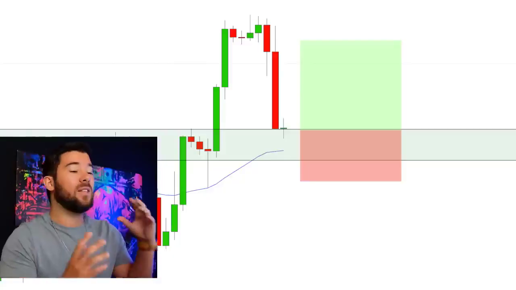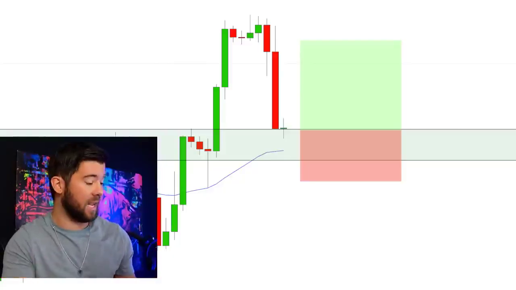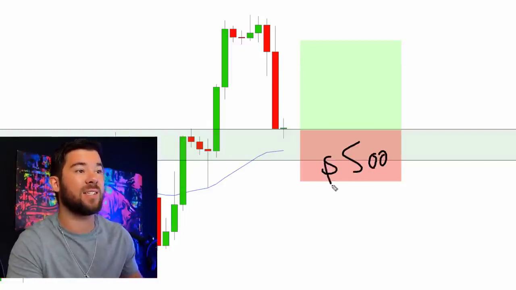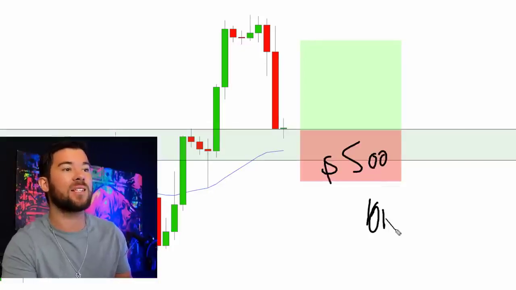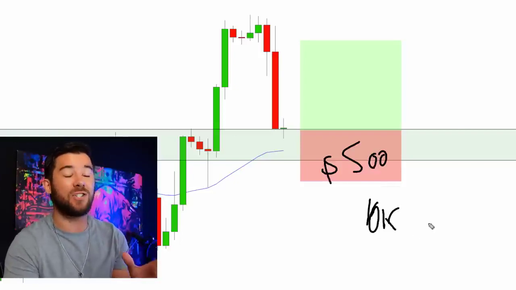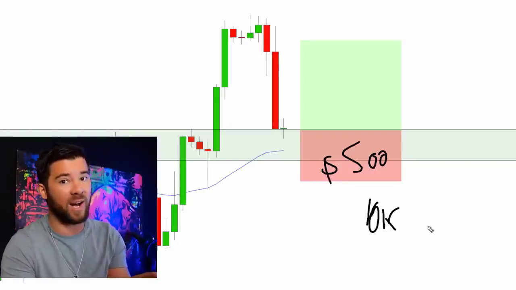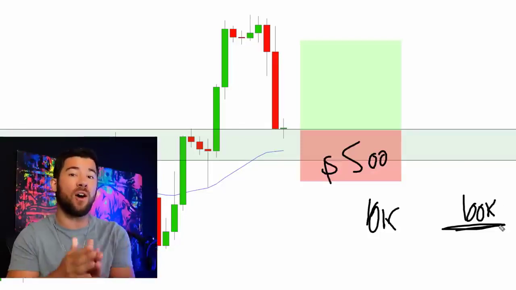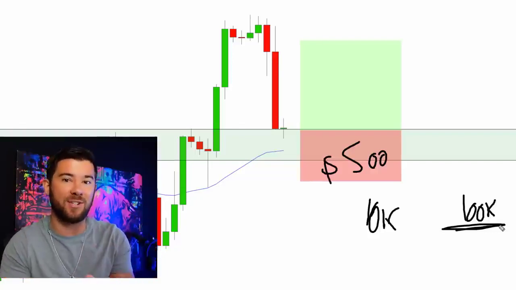So remember, leverage is not the amount you can use. And just because all you want to risk is $500 on a $10,000 account doesn't mean you're going to be able to, because what you have to think about and look at is your max buying power, otherwise known as leverage. So if you only have 100K of max buying power, then the largest position you can open is going to be a 100,000 unit position.